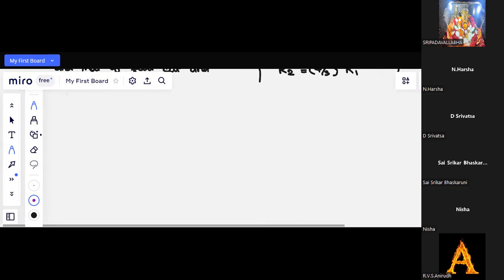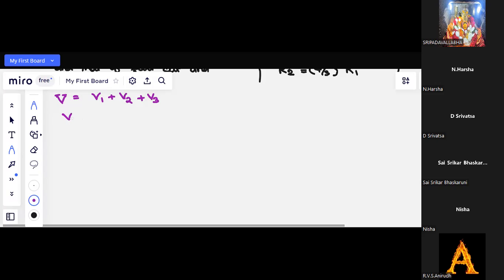Then coming to here, total potential difference V equals V1 plus V2 plus V3.